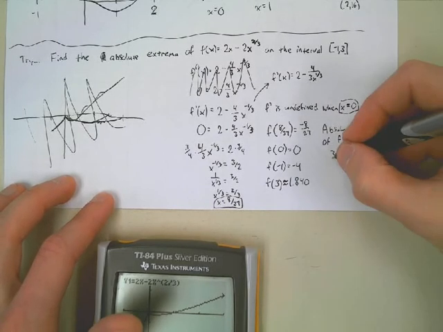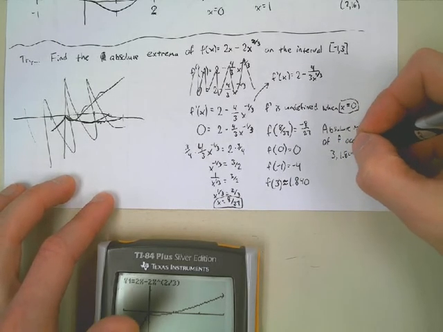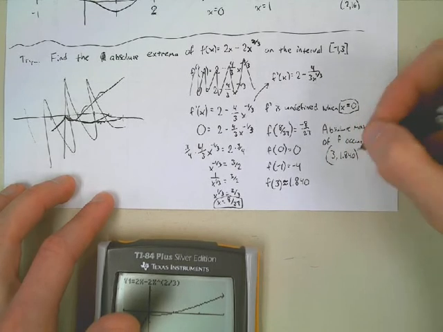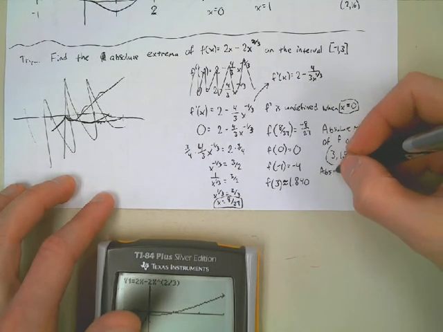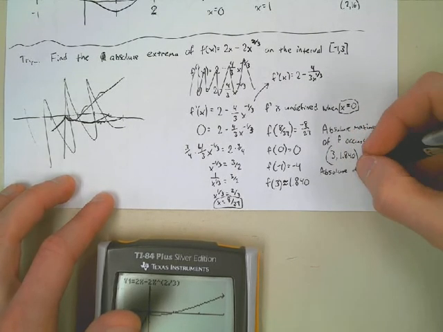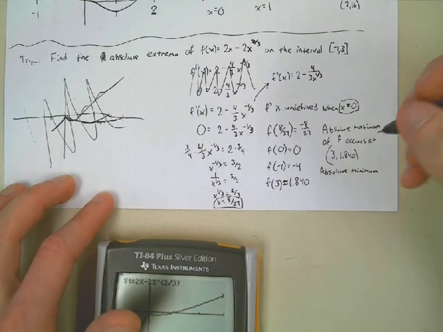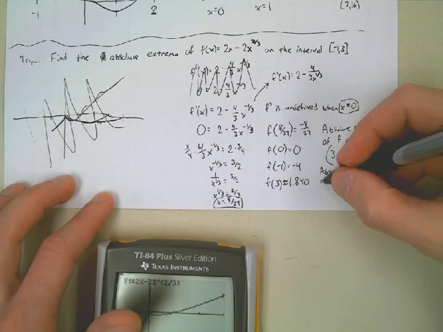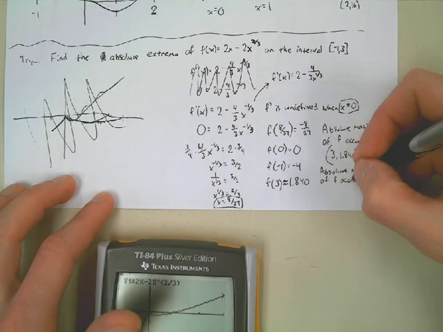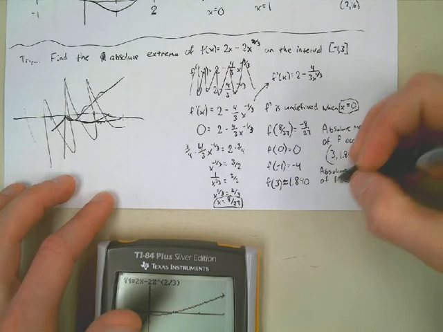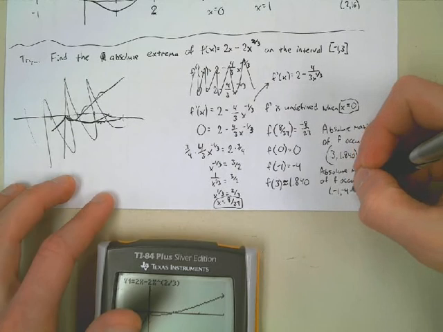And the absolute minimum occurs at negative 1, negative 4. Our absolute minimum of f occurs at -1, -4. There it is.